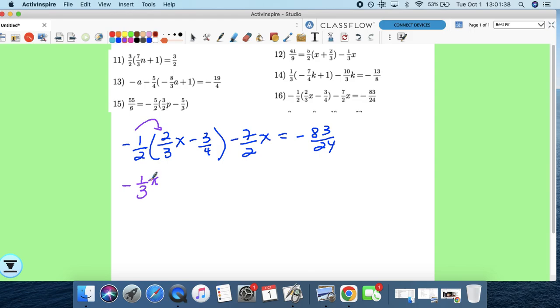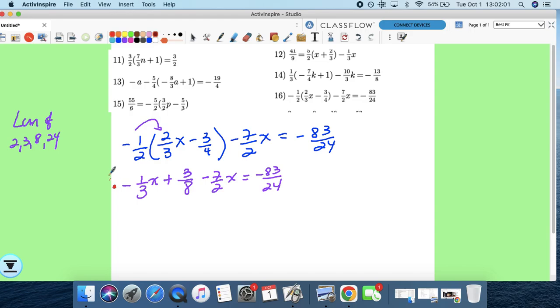Negative times a negative is positive, so I get 3 over 8 minus 7 over 2 x equals negative 83 over 24. Now I need to find the LCM of 2, 3, 8, and 24. It just happens that the LCM is 24.